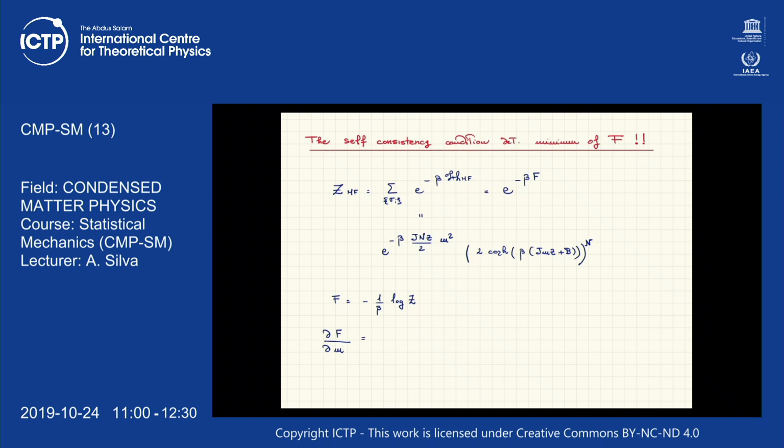dF/dm, you take this derivative, what do you get? Well, you get J N z times N, so this is the term that comes from this quadratic term here, times m, minus the tangent hyperbolic of beta times (J N z m plus B).